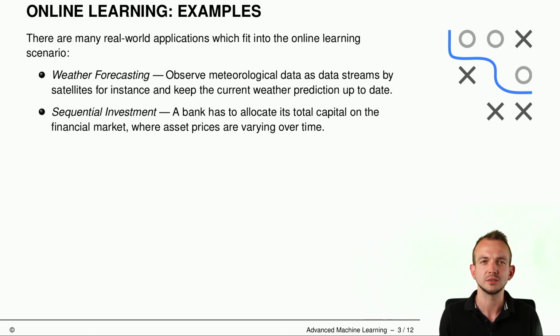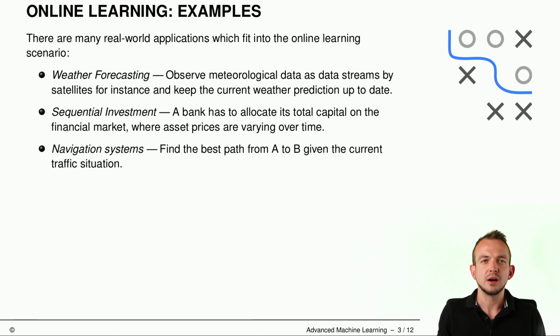The most recent ones are more interesting. The decisions we make may have an impact on the asset prices. So if you are working at a large investment bank, and we invest a large amount of money into some asset, this might also have the effect that other banks are reacting to this.